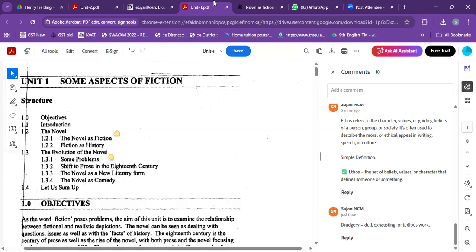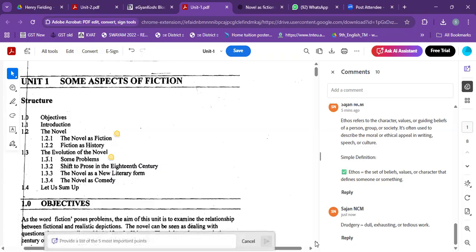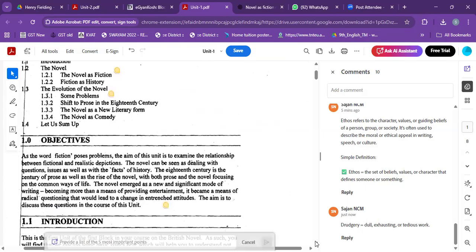You have the objectives, then the introduction, then the novel, and within the novel there is a subheading, the novel as fiction, then fiction as history. Then again the main topic, the evolution of the novel. Then some problems, then the shift to prose in the 18th century, then the novel as a literary form, then the novel as comedy, then the final summing up. So that's all about the structure.